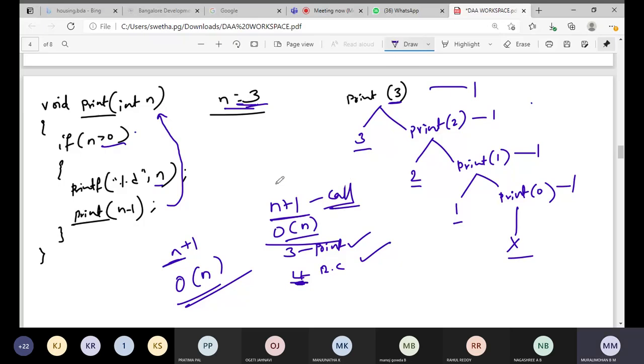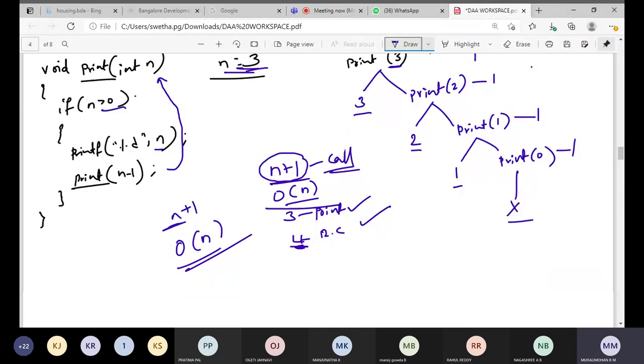Kindly remember this: we are getting n plus 1 calls when we trace this one.